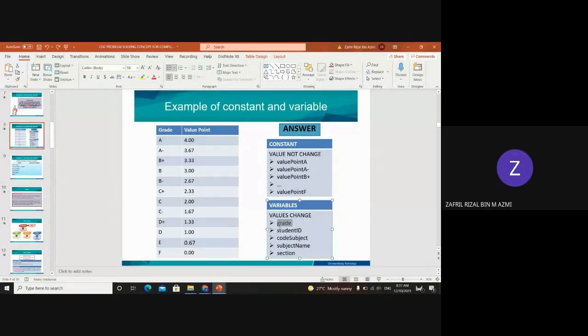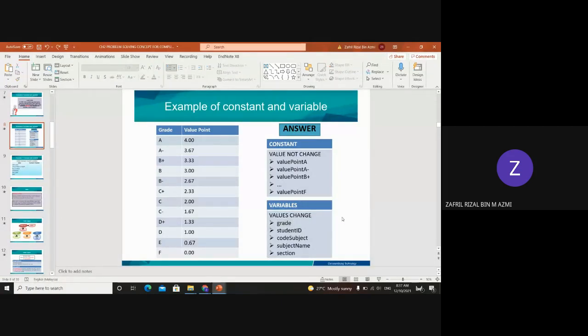Why can I not put grade as a constant? Because it is changeable. What are example values of grade, class? A, B minus. Okay, correct. So grade can be A, can be A minus, can be B plus, can be C plus.